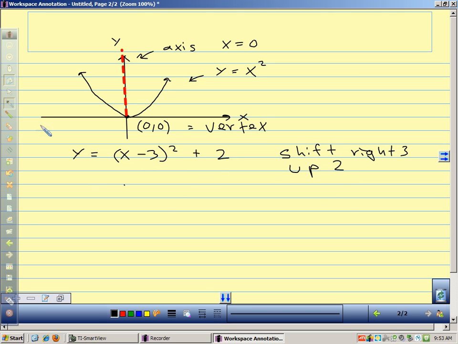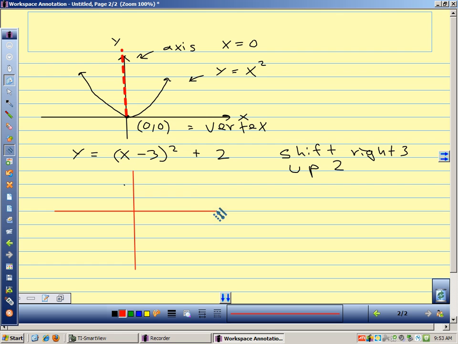If I were to do a quick sketch of the graph of this function, my vertex would be over here at x equals 3, and we'd go up 2. So if I just did a rough sketch, my graph would look the same, and my vertex would be here at 3, 2.